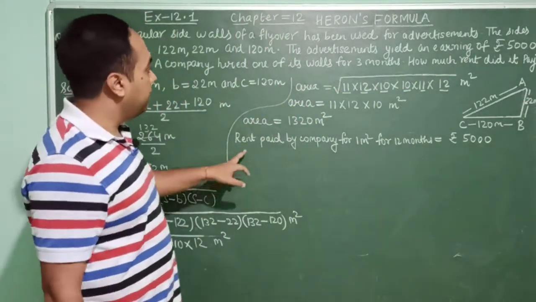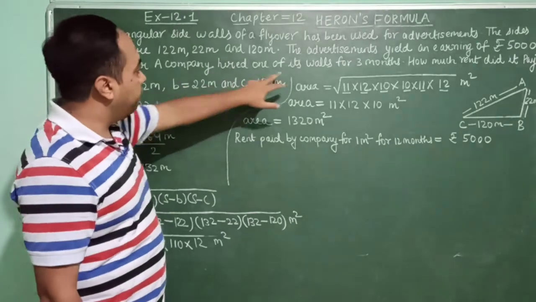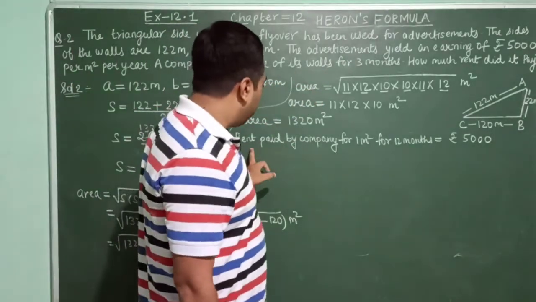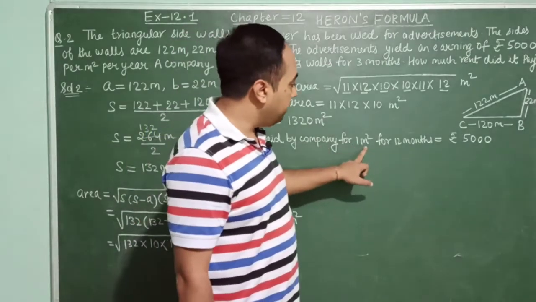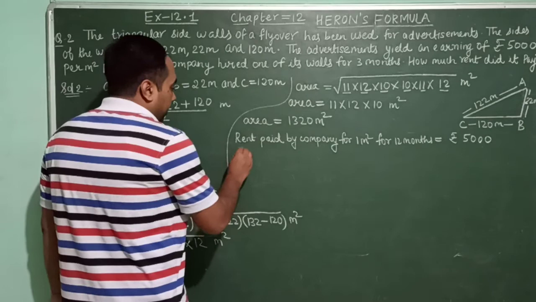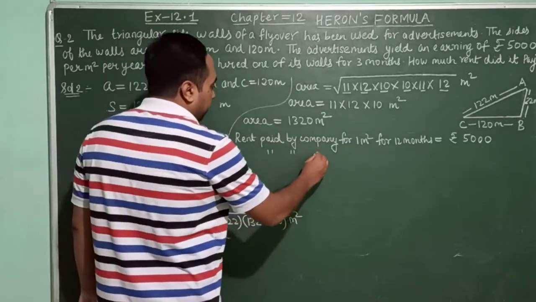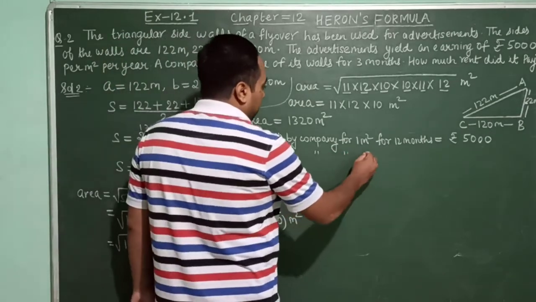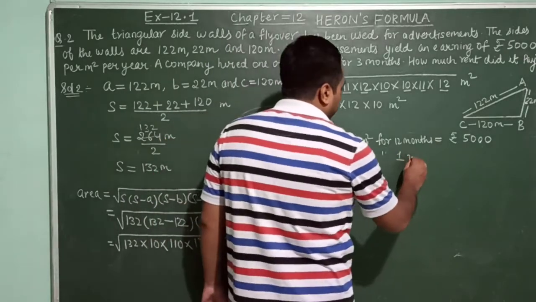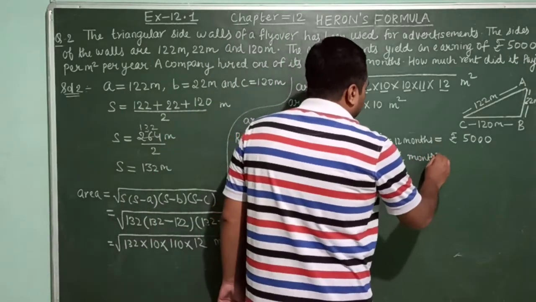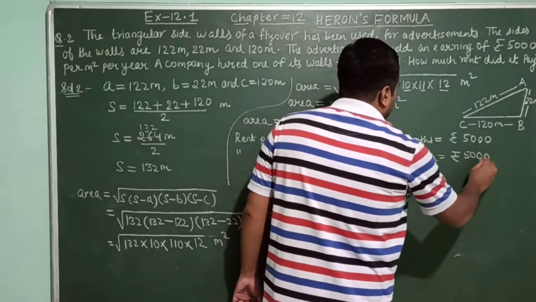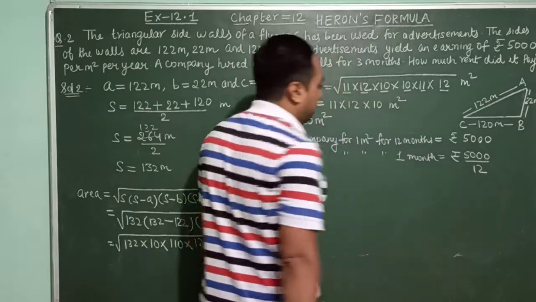Okay, but the company hired this wall only for 3 months, correct? So first what we are going to do, we are going to calculate the rent paid by the company for 1 meter square for 1 month. So next I am writing rent paid by company for 1 meter square for 1 month, and that will be equal to rupees 5,000 divided by 12.